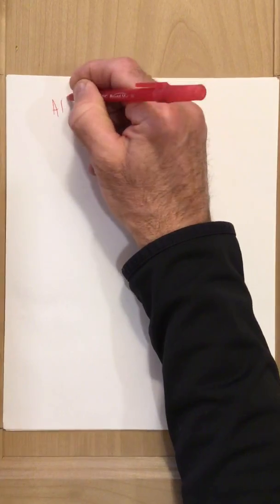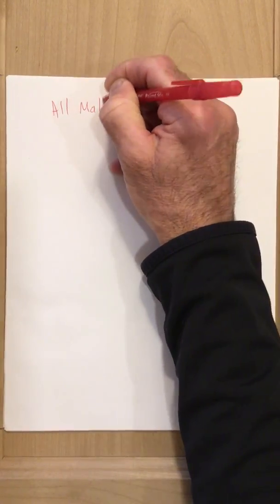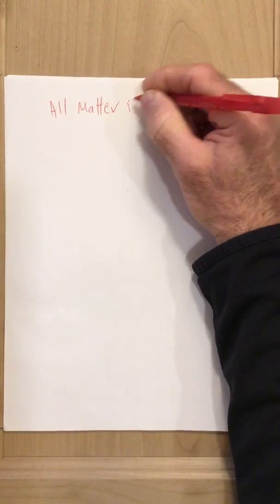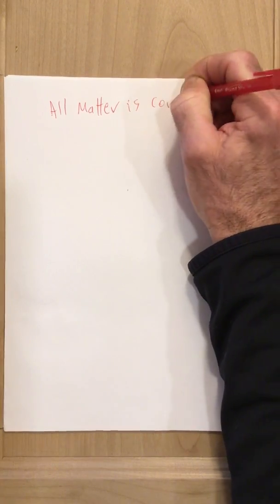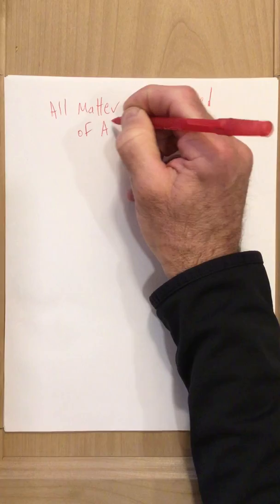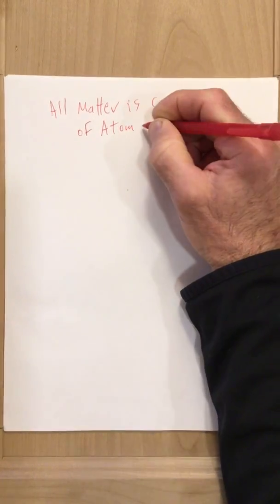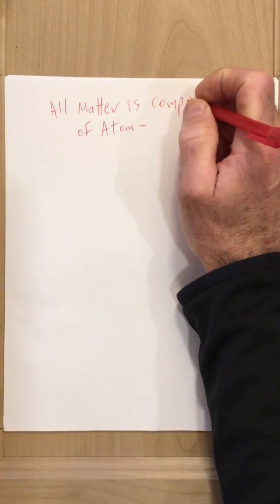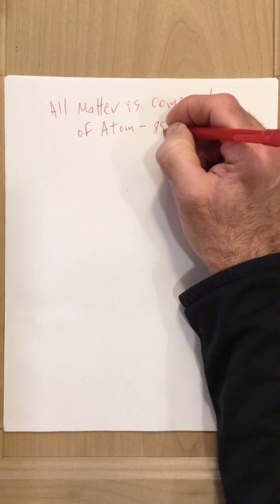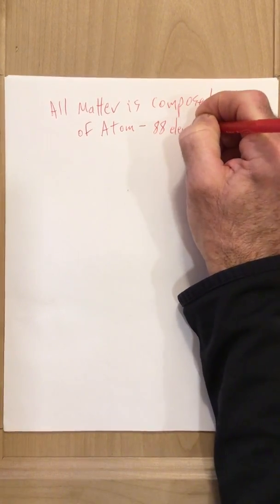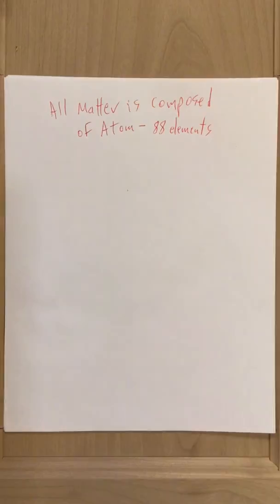So all matter, as you know, and we've talked about this before, is composed of atoms. Now, there are some 88 different kinds of atoms, 88 elements worth. So the question is, if there's 88 different kinds of atoms that we call elements, what makes them all different?